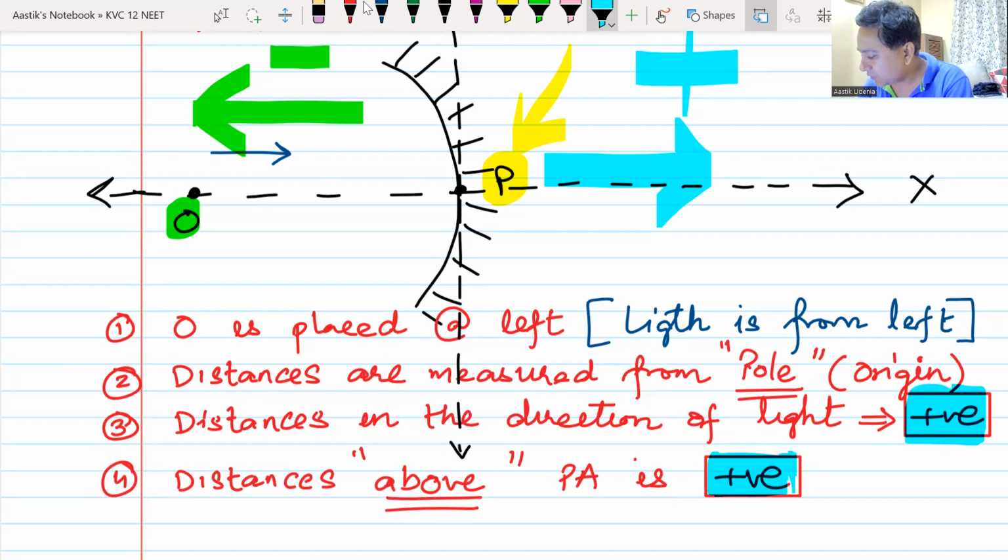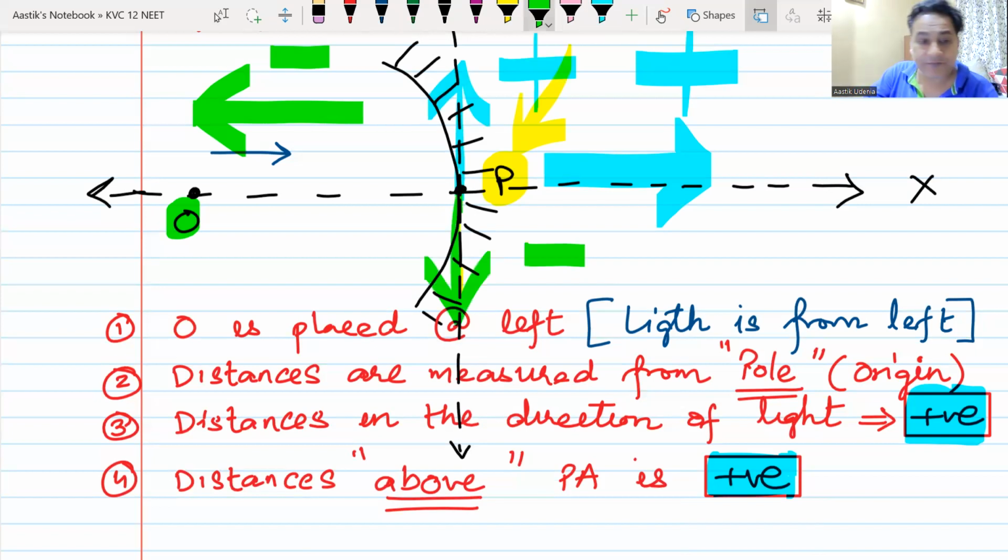As I said, I do not talk about negative in my life. So distances above the x-axis, above point P, are positive. That means if the distance is like this, it would be positive. If the distance is like this, it would be negative.